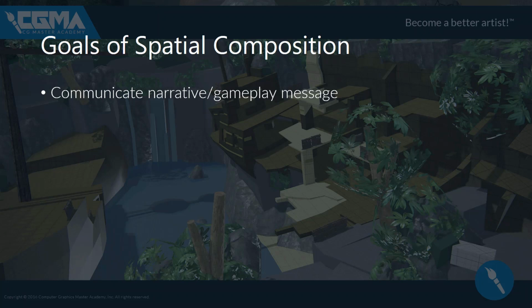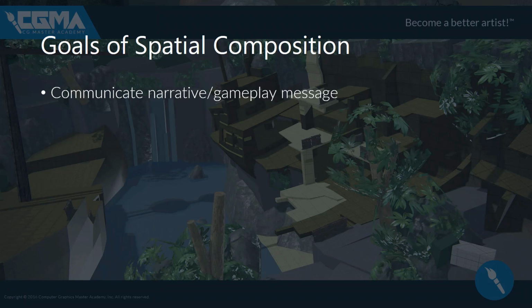The composition of the space also dictates player goals and directives. We put a space together in such a way that we present goals, or we lead you to places where we're going to have a static image composition and present goals and directives for you. And we'll get into this in just a little bit.